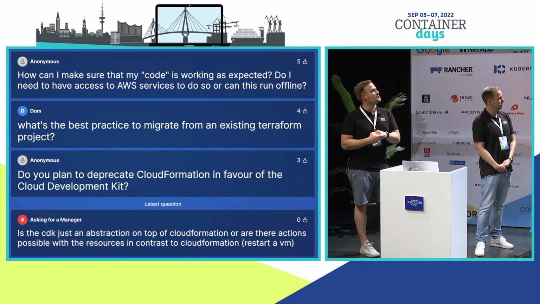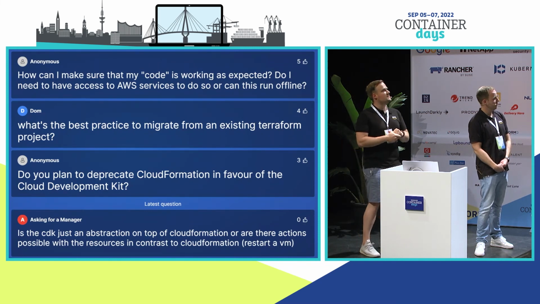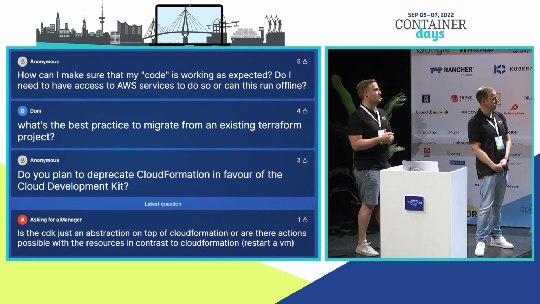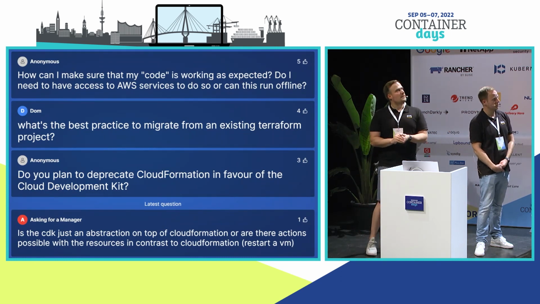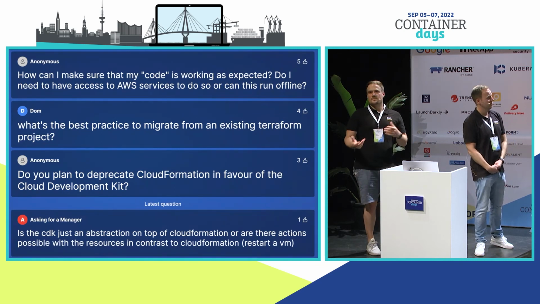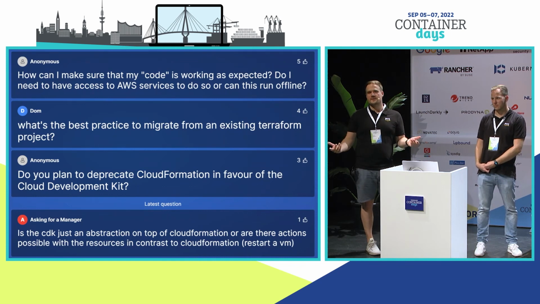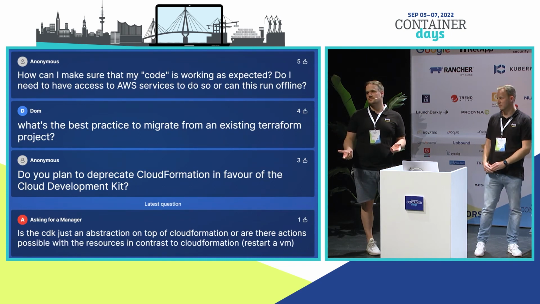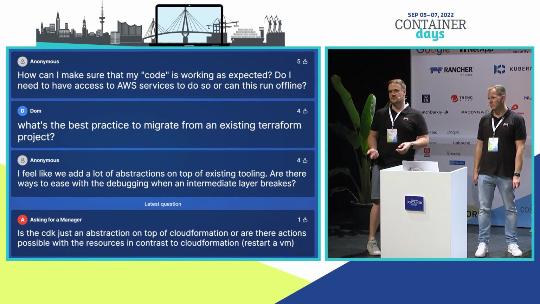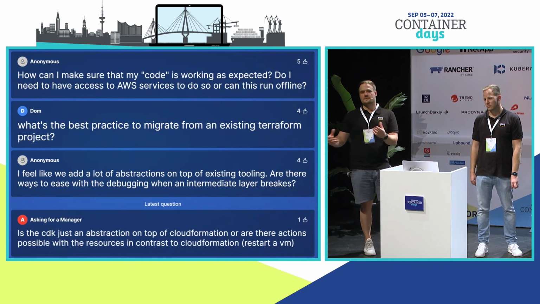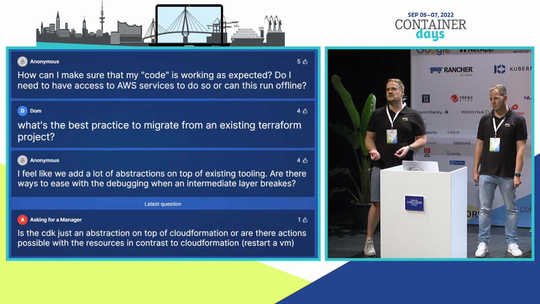How can I make sure that my code is working as expected? Do I need to have access to AWS services to do so, or can this run offline? I guess behind that there's a general question: I'm working with the cloud or with Kubernetes, how do I know if my configuration is right? There have been various approaches to do that, no matter what platform you're using. Sometimes there are simulators where you can do it locally and it acts like it was the cloud.